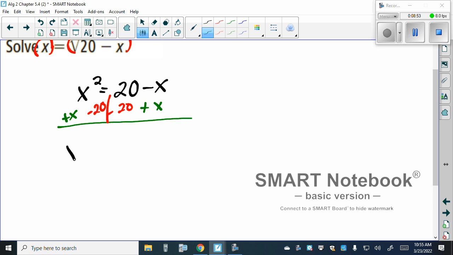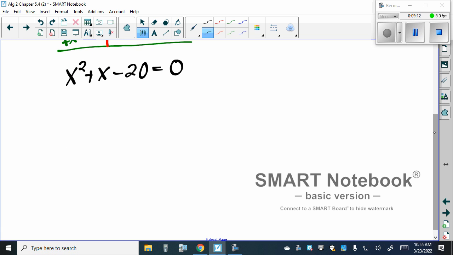Because when we add x, we'd have x squared plus x, and minusing the 20 would give us x squared plus x minus 20. Any questions on any of this here? We kind of like doing those two steps at once, a little less work. It takes up less space, same thing.